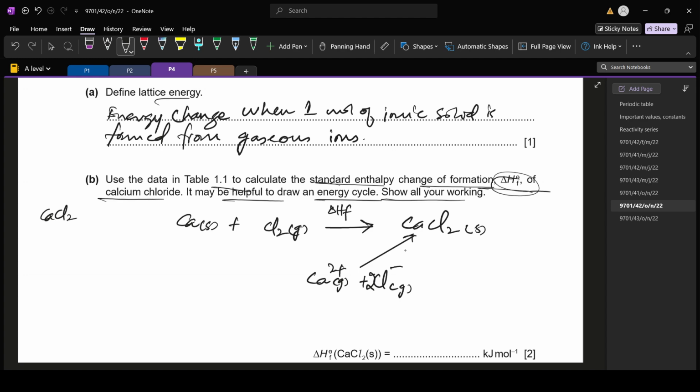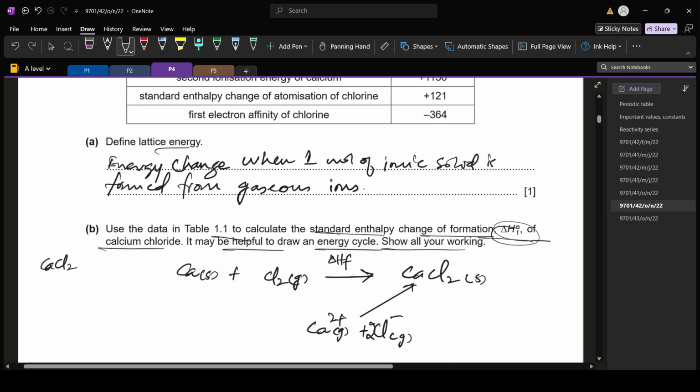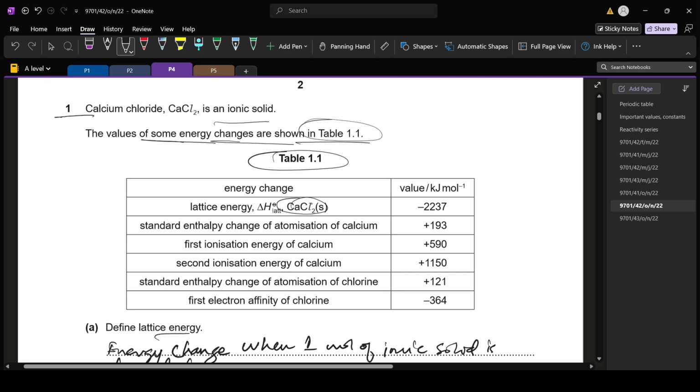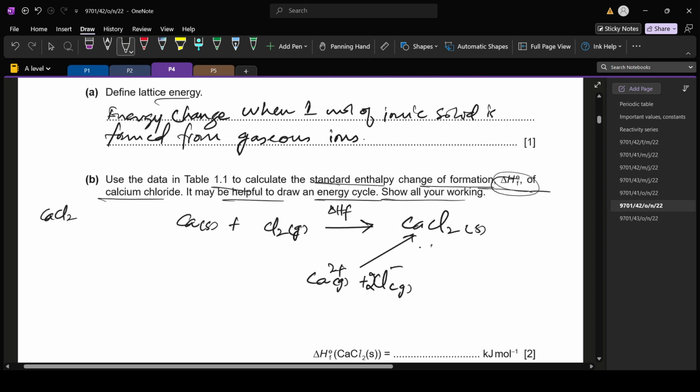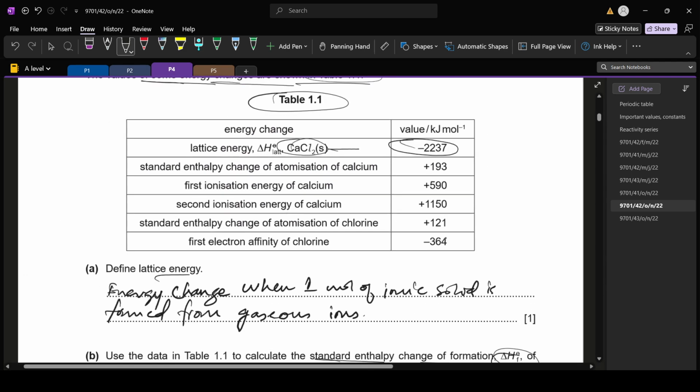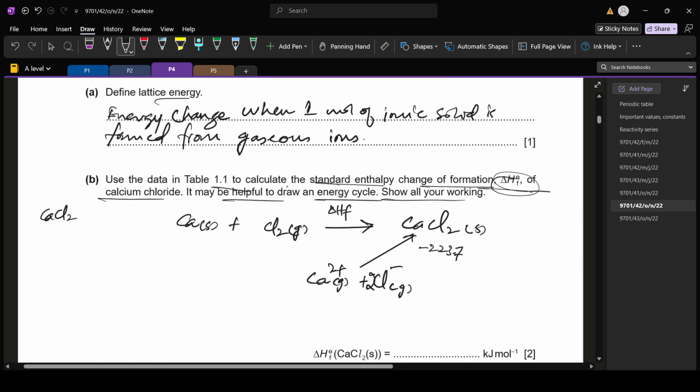So this is going to be the lattice energy, right? And you are given the value of lattice energy of calcium chloride, which is negative 2237. Now you have to convert this calcium solid into calcium 2 plus gaseous ions.